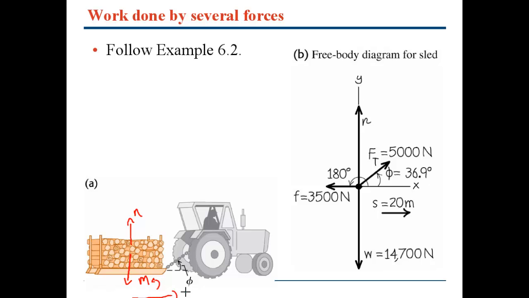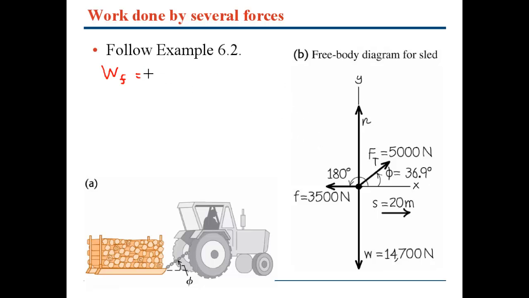The motion is in that direction, so friction is going to, of course, oppose that, and the tractor is pulling upwards at some angle. The book has drawn that a little better than I can, so I erased mine.